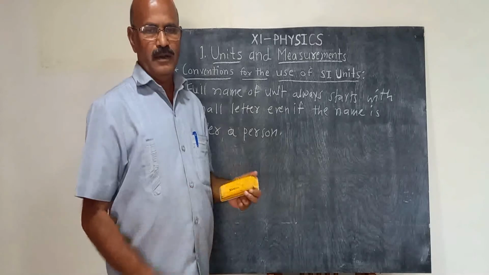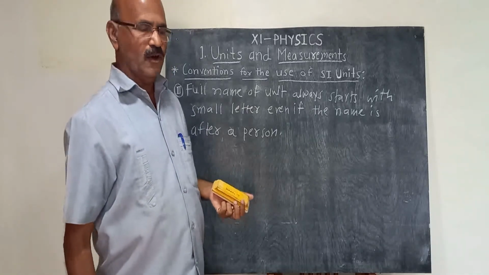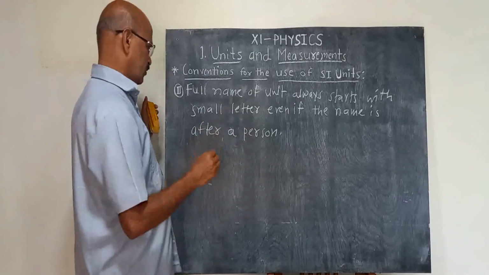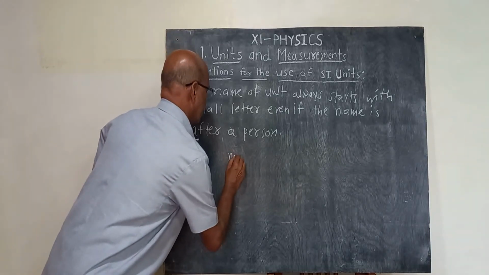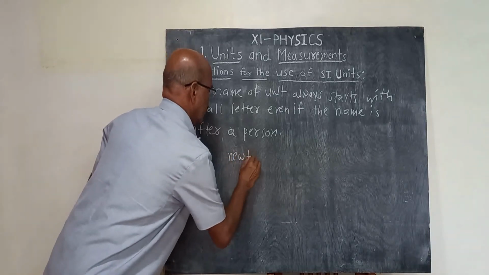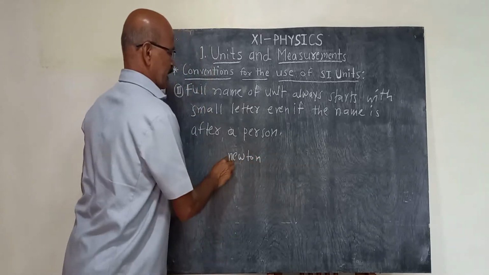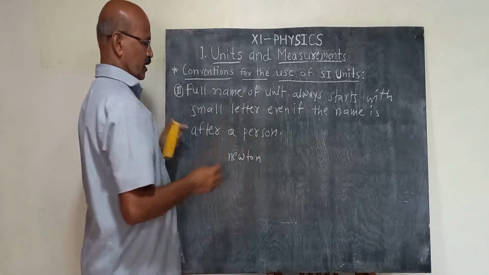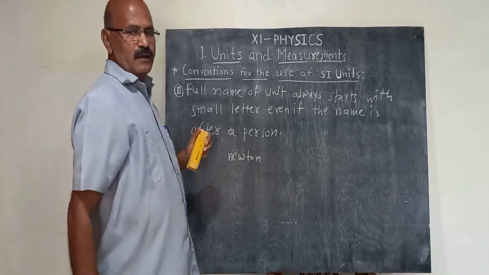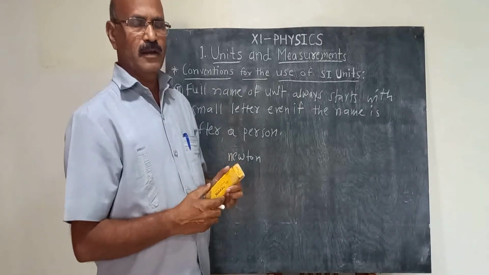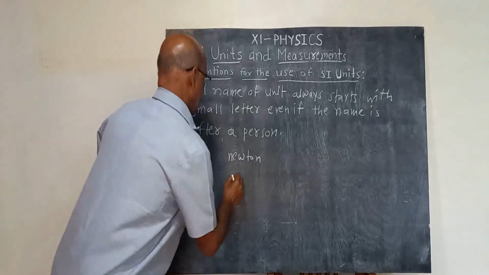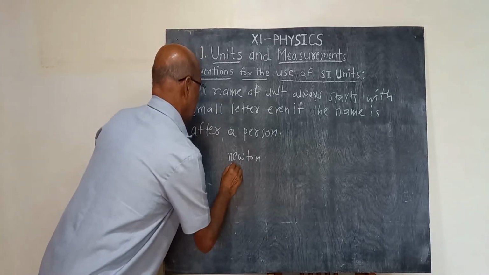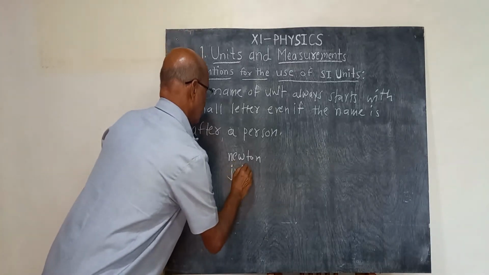For example, the SI unit of force is newton, so it starts with a small n: newton. The SI unit of work is joule, written like this: joule.